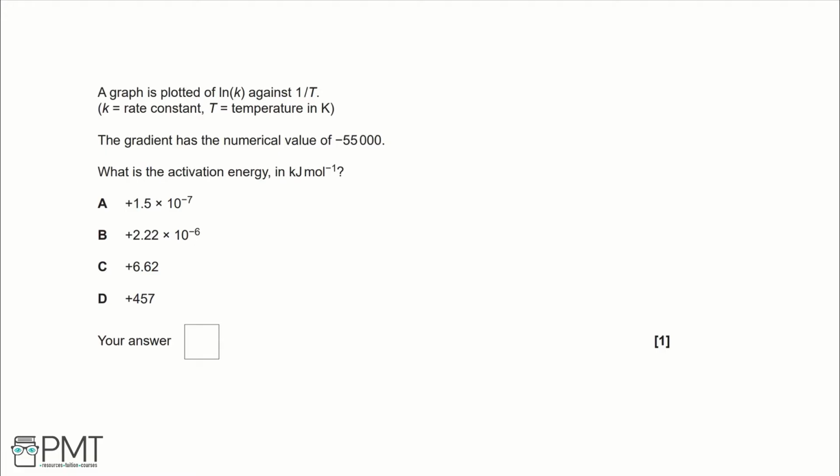Positive 457. The key pieces of information in this question are the axes that we're plotting the graph on, the numerical value of the gradient, and that we want activation energy in kilojoules per mole. So this question is looking at the Arrhenius equation. The Arrhenius equation is k equals A e to the minus Ea over RT.